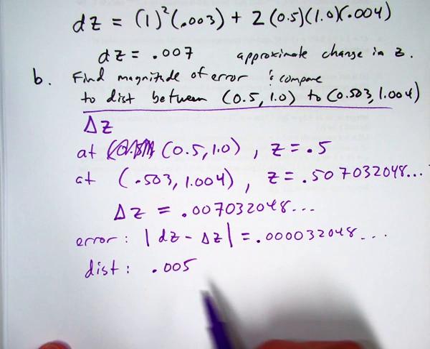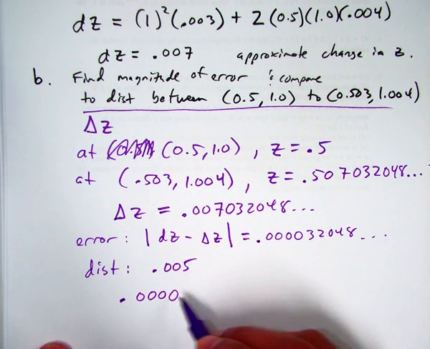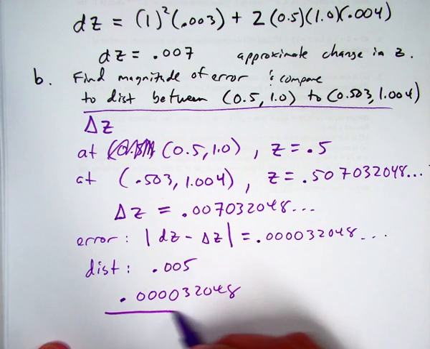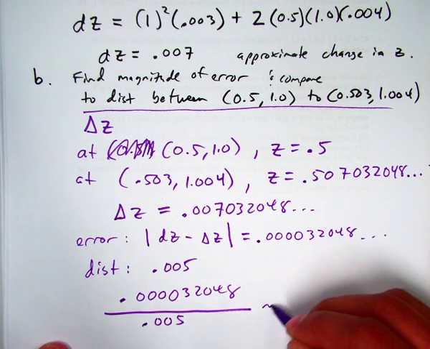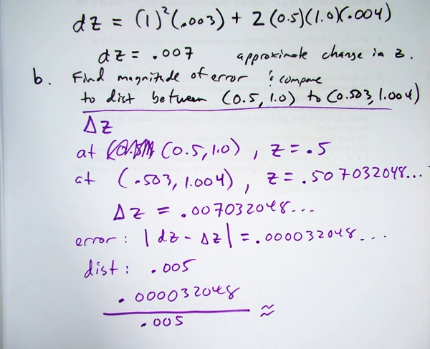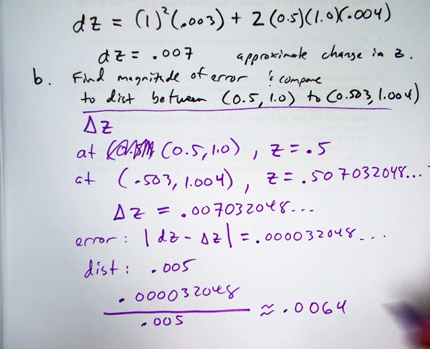So what we do is say 0.000032048 divided by this distance is approximately, so now we're finding the magnitude of error compared to the distance between the 2 points. 0.00640 9. Okay. So let's just leave it there.